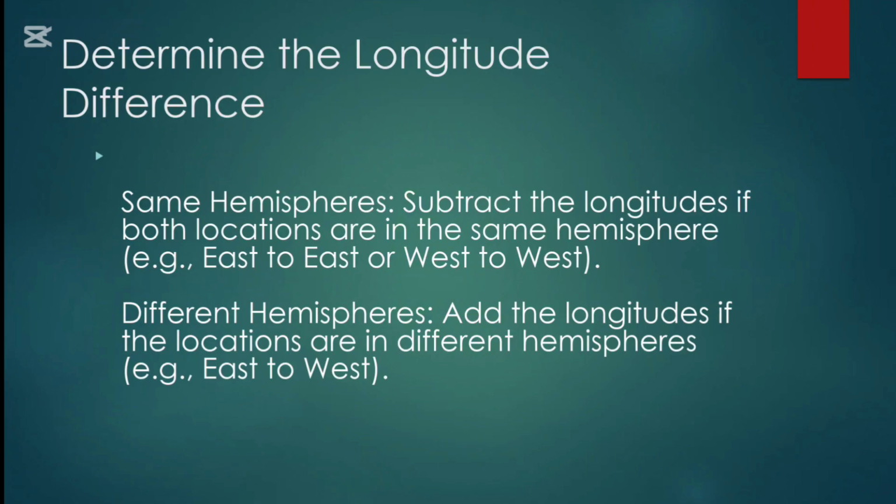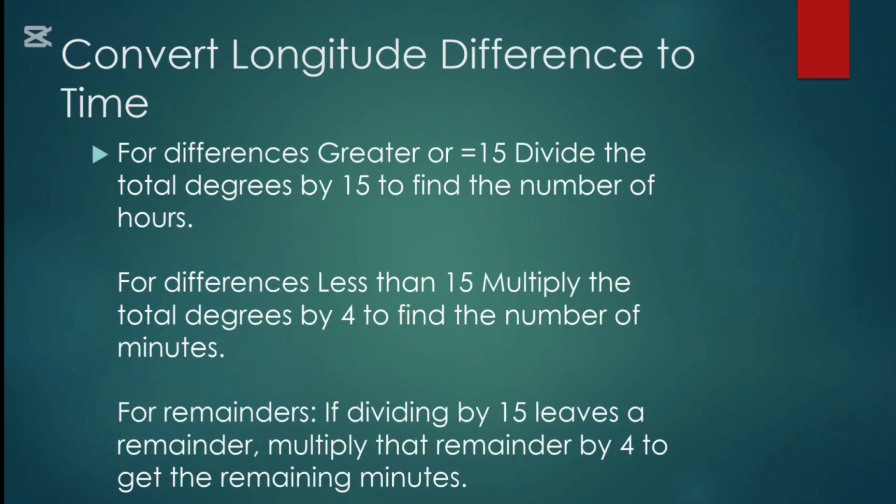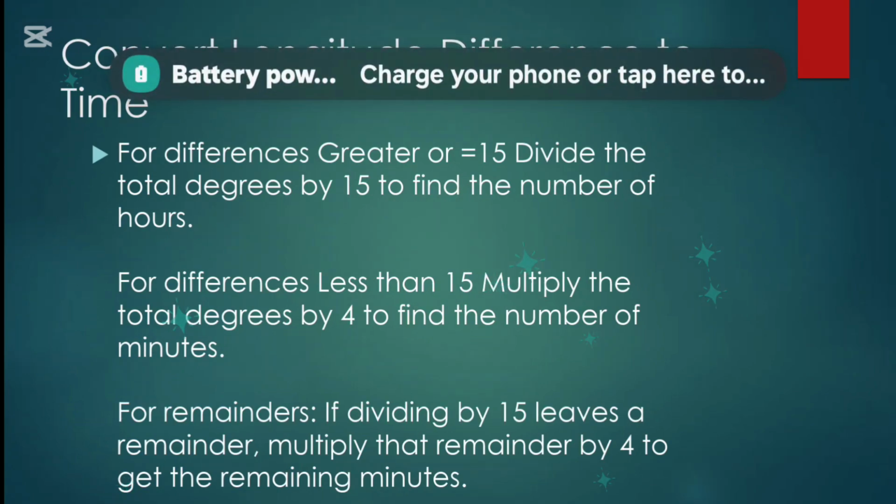So after getting our longitudinal difference, we convert the difference to time, and there is a standard rule that goes like 1 degree of longitude is equal to 4 minutes, and 15 degrees is equal to 1 hour. That is a standard rule, so you have to keep it in mind. If the difference obtained is greater or equal to 15, we divide it by 15.